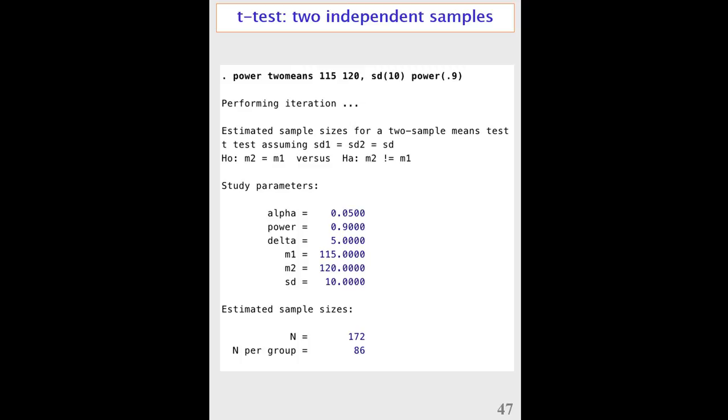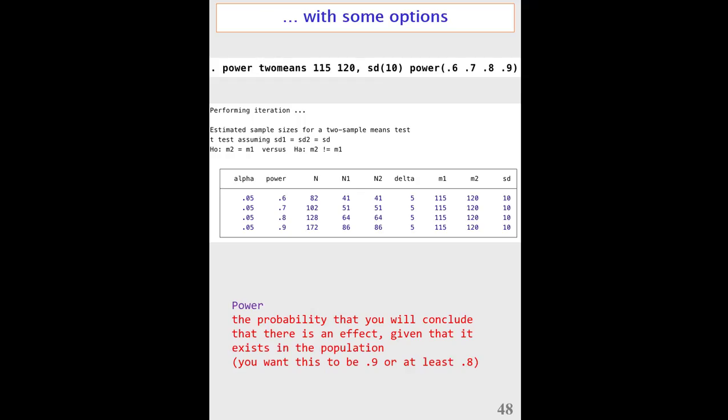Typically what you are trying to figure out if you do this in practice is, how large should my sample size be, and how bad would it be if I do a bit less, or how much would I win if I do a bit more. And the command allows this by, for instance, asking for this, give me power 0.6, 0.7, 0.8, and 0.9, so that I can compare how much better it gets as my sample size increases.